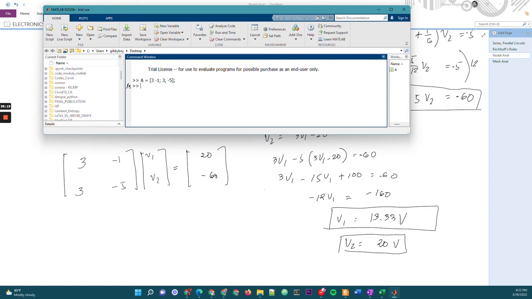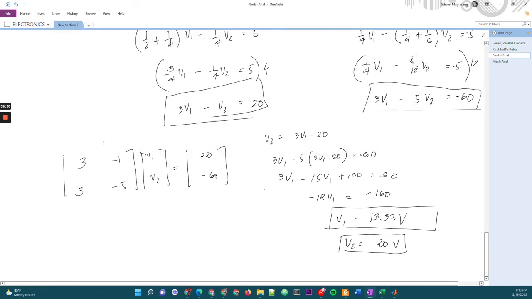Okay, sunod is ang B. We have 20 and then negative 60. Okay. This is A, this is X, and this is B.